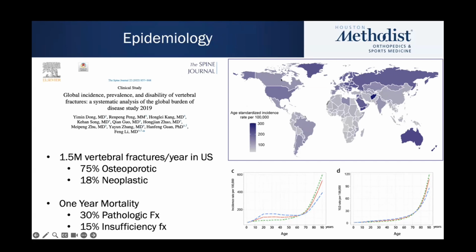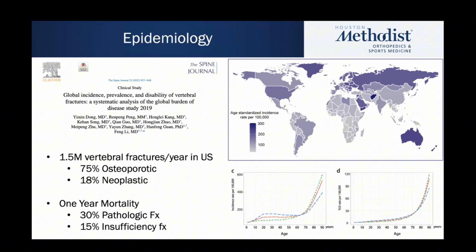If we look at vertebral fractures per year in the US, there's 1.5 million. The majority of those are osteoporotic, but obviously there is a sizable portion of neoplastic tumors. And we can see that the rate of vertebral fractures in this study really begins to become exponential after age 70.